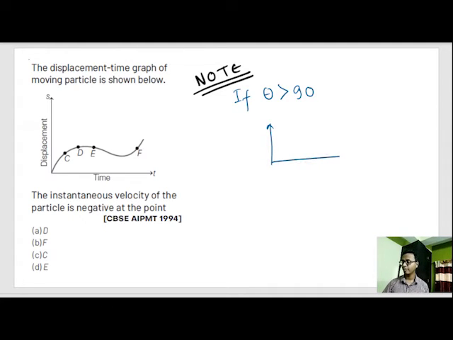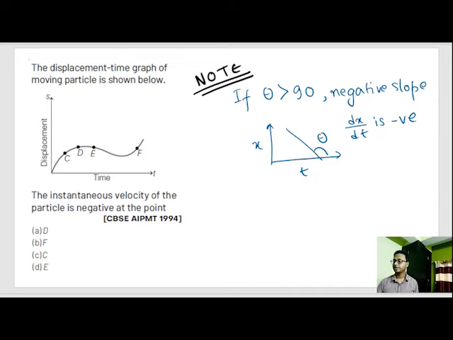In that alpha beta problem, I said whenever the line is leaning to the left, it means our slope is negative. That means theta is always greater than 90, which means negative slope. Suppose this is an xt graph, the value of dx by dt is negative.